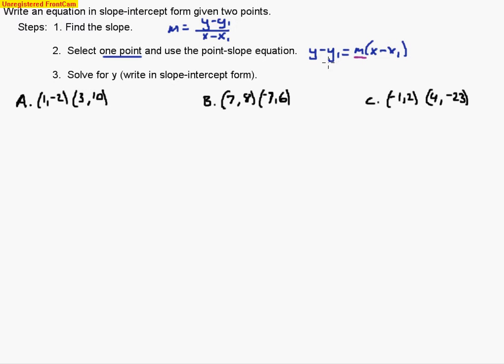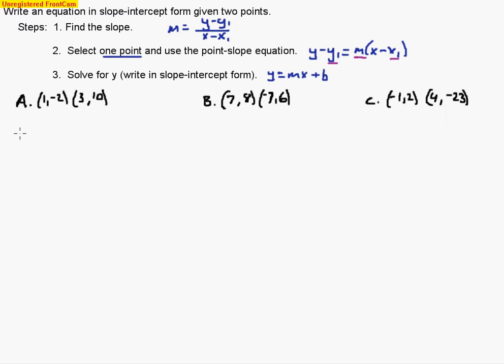And then we take one of the points and put it in for y1 and x1. And then once we've done that, all we have to do is solve for y. When we solve for y, then it's written in the slope-intercept form. And so what we'll end up having is the slope times x plus the b value, which is our y-intercept. So let's take a look at a few different problems here.